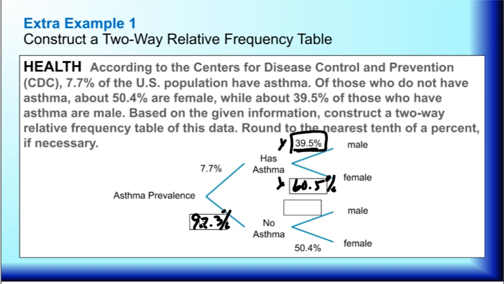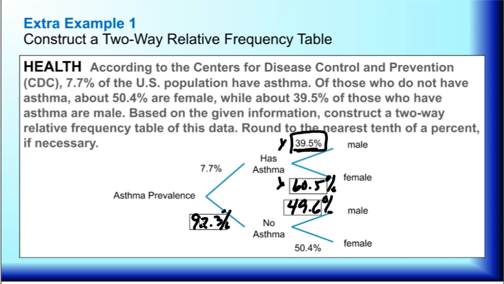And down here, if I already have 50.4%, I can take 100 minus 50.4, and that gives me 49.6%. And so from here, we can use all the information to find out what percent is male that has asthma, and what percent of females have asthma.